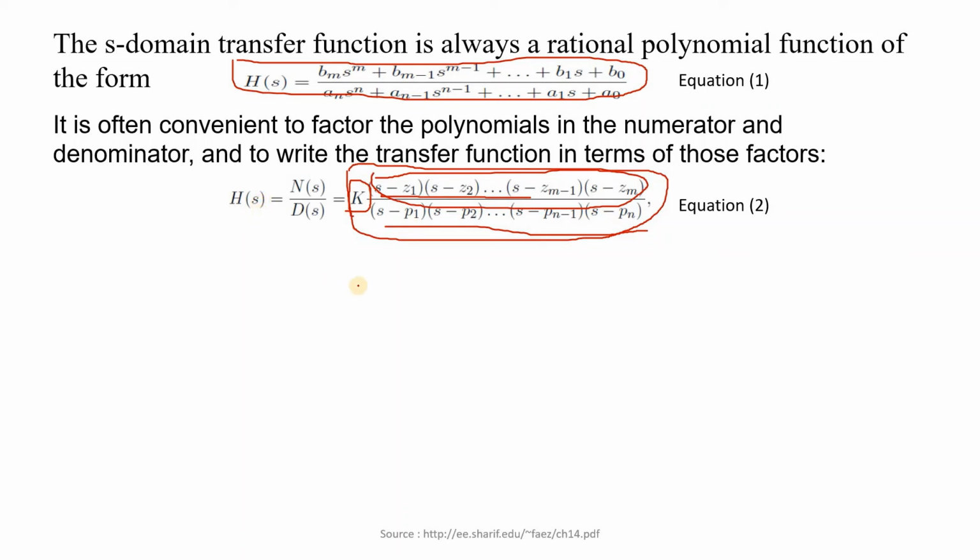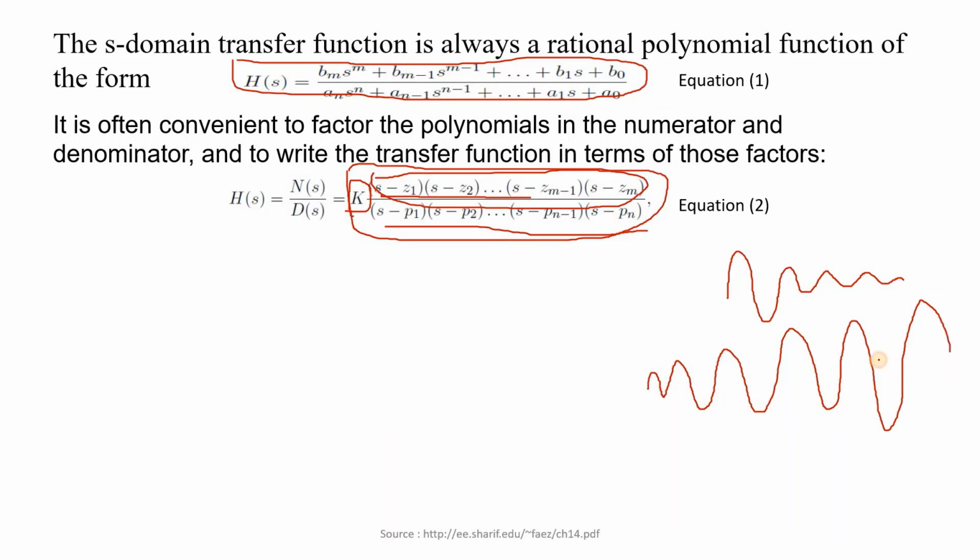Zero means your system is decaying. Suppose you are having oscillations like this, so your oscillations are dying like this. This is your zero, so your system is attaining some sort of stability. And infinity means your oscillations are increasing like this, so this leads to instability of the system.